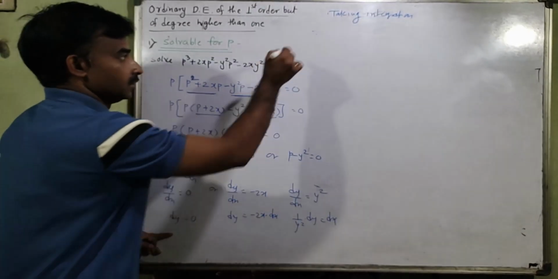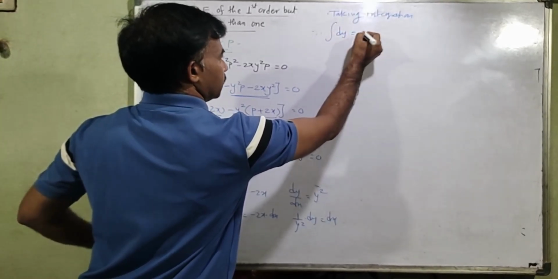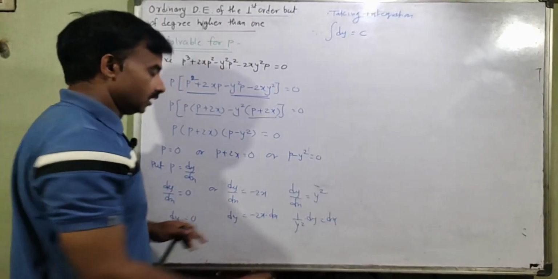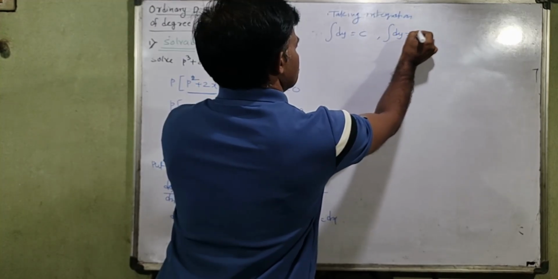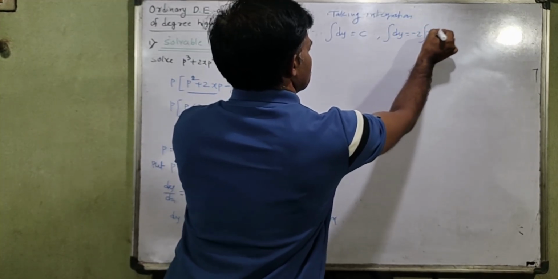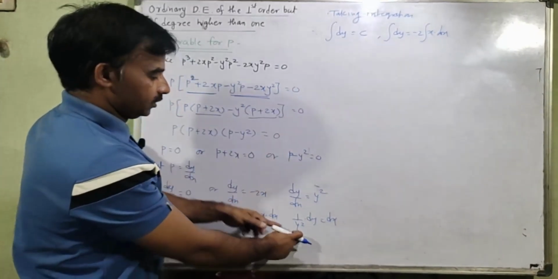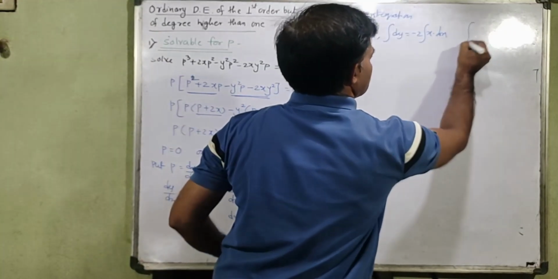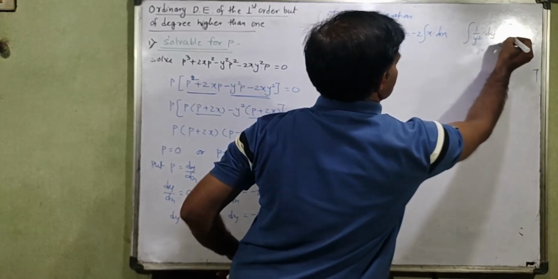Integration of dy is equal to, I am directly taking the integration constant c, and then integration dy is equal to minus 2, which is a constant and taken outside the integration, and the last one is integration of 1 divided by y square into dy is equal to integration dx.